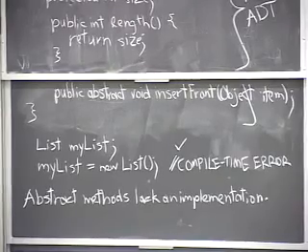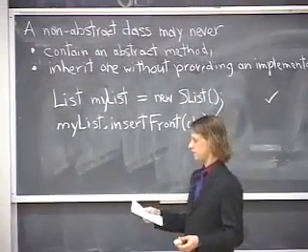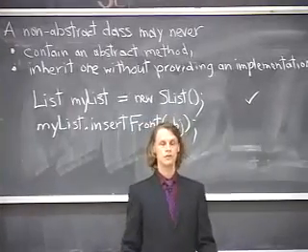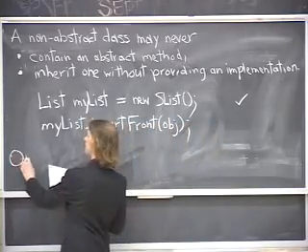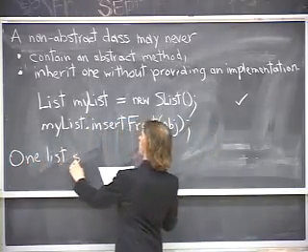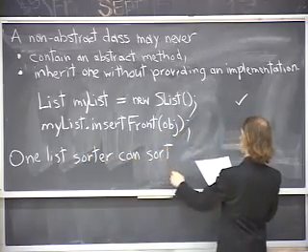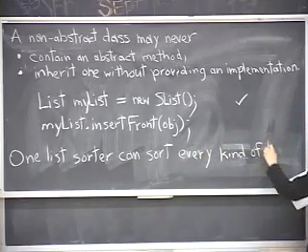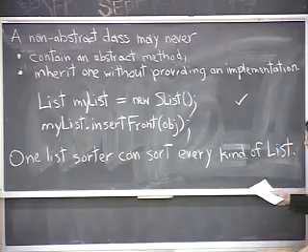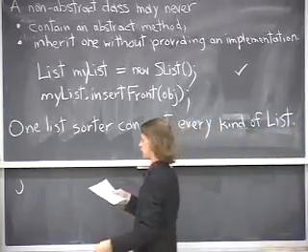And a big part of the point I wanted to make is that if you implement a list sorter or any other algorithm that uses lists, then one list sorter that sticks to the interface, like doesn't try to be an evil tamperer and look inside the data structure, but just uses the official behaviors of the interface, then that list sorter can sort every kind of list, including lists that you haven't even imagined yet, that haven't been implemented yet, that will be implemented a year from now.